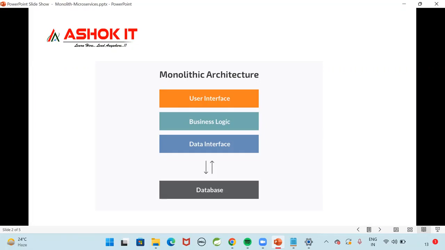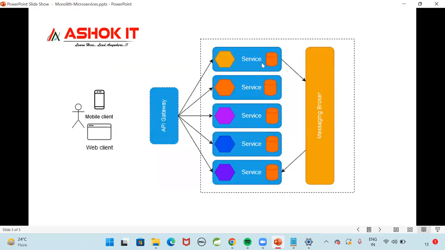But when it comes to microservices architecture, all the functionalities, all the requirements will not come to a single server because the services will be running in separate servers. The first service will run in one server, the second service will run in another server, the third service in another server, the fourth service in another server.